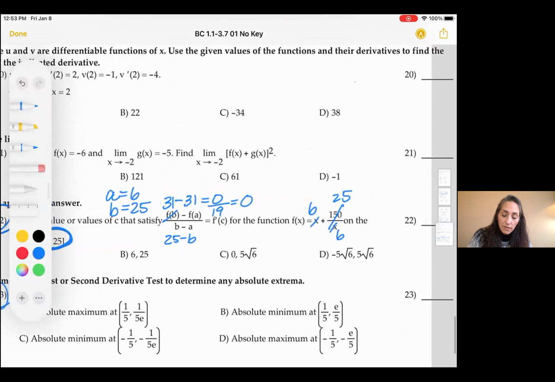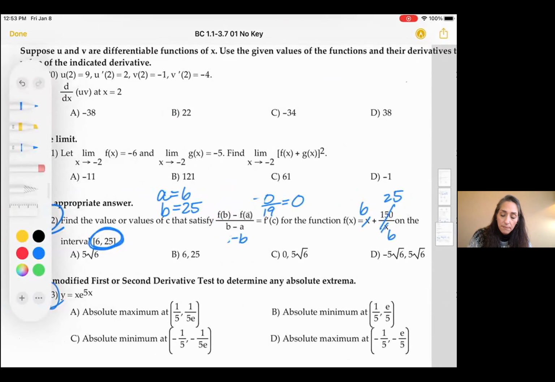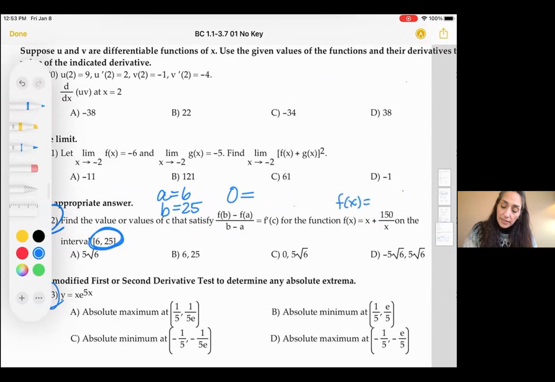So let me erase all this. Okay. So the left-hand side is just going to be 0 equals f prime of c. Well, you're going to need to take the derivative of that. So if we rewrite it, f of x equals x plus 150 times x to the negative 1.